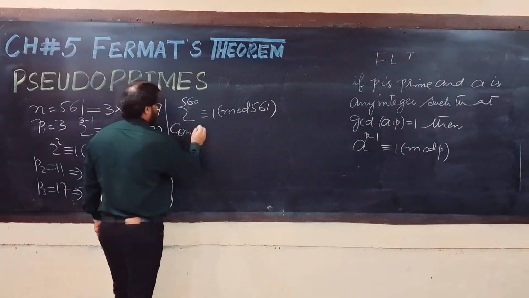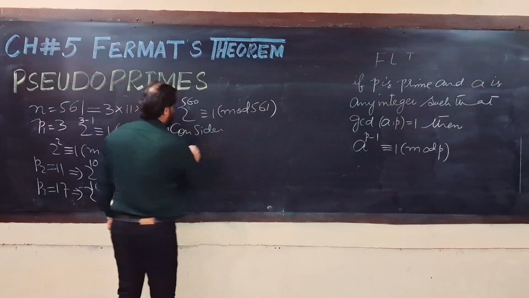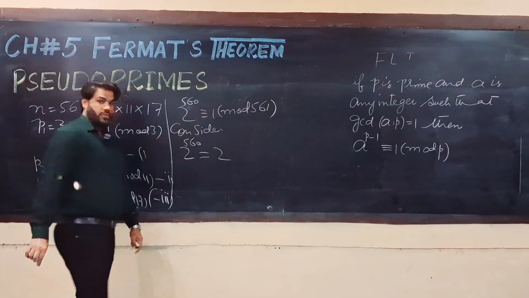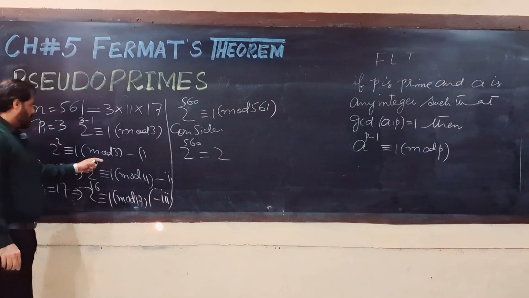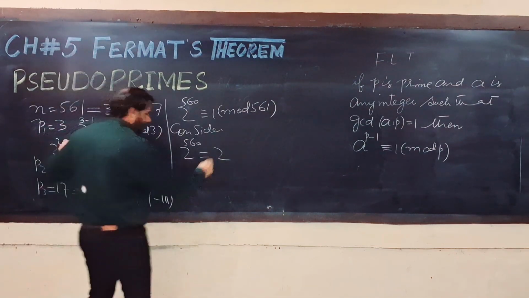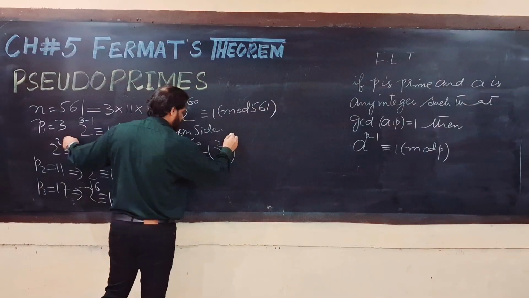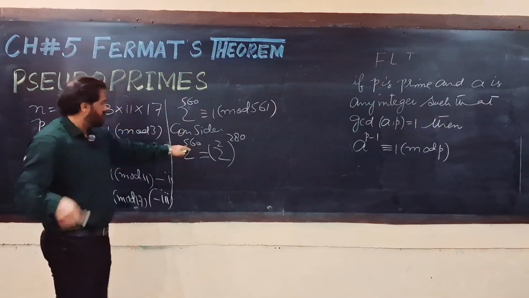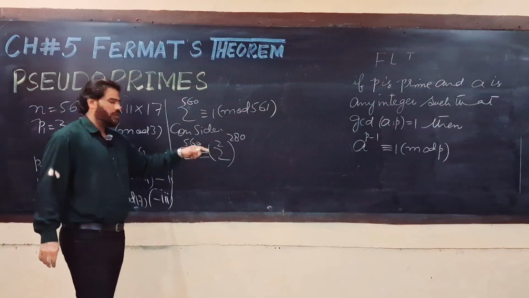Consider 2 raised to power 560. This can be written, by using the first congruence, where we have 2 raised to power 2, as 2 squared whole power 280, because 2 completely divides 560 with zero remainder.